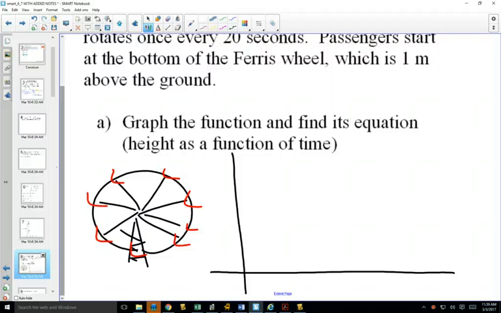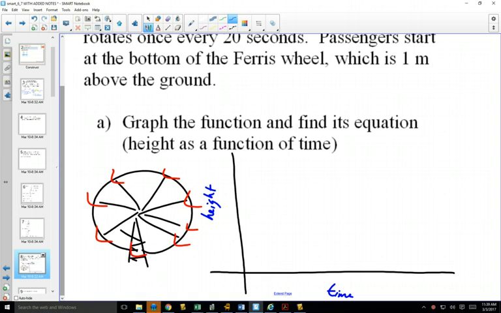So I've got my ground level here. This on my graph is going to be my height, and along here is going to be my time. So this one, unlike the first one where they gave us an equation, this one they're just giving us some information.